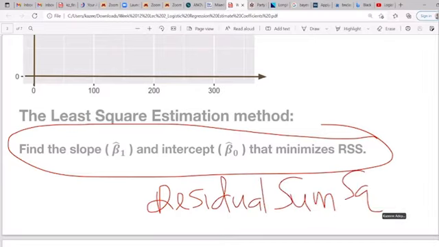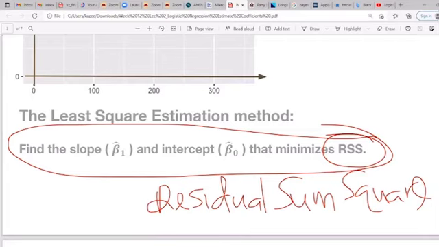The residual sum of squares is abbreviated as RSS. The least squares estimation method estimates the beta 1 and beta naught that minimize the residual sum of squares. Remember, the residual sum of squares is the unexplained part of the model.